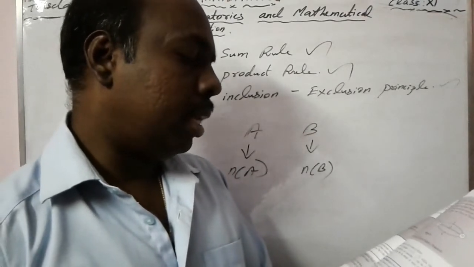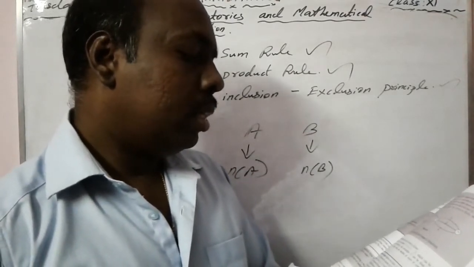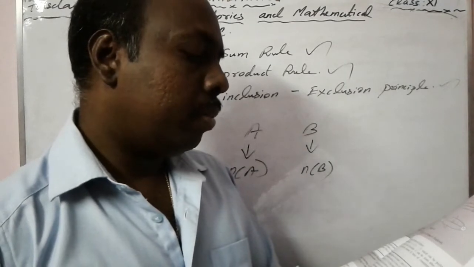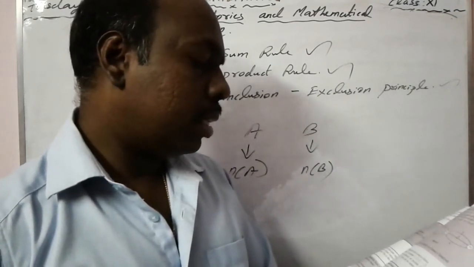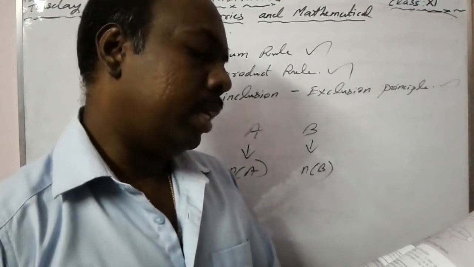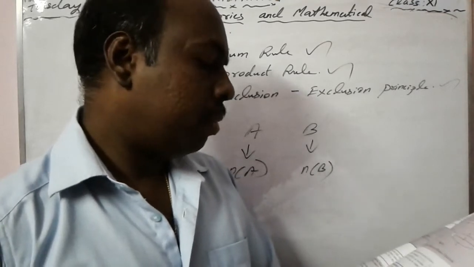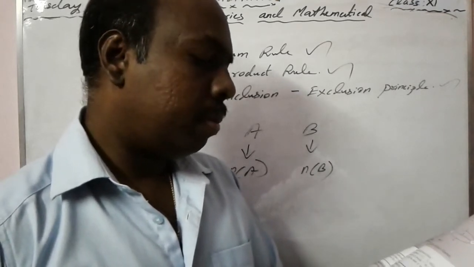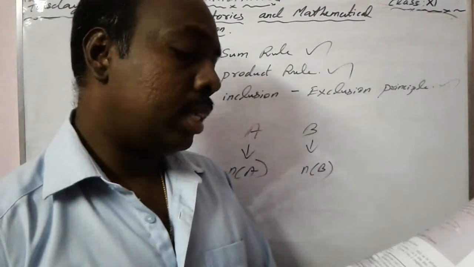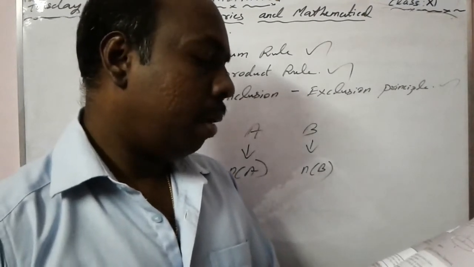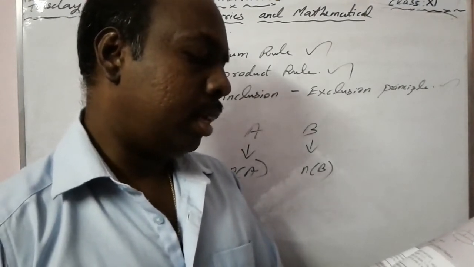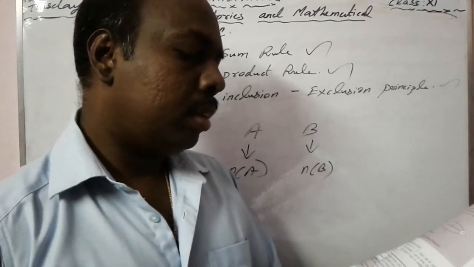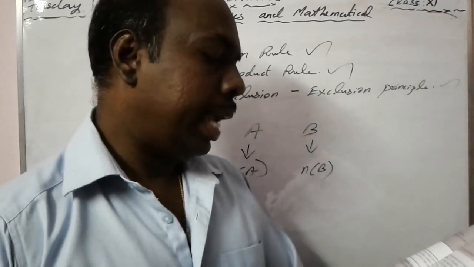Also let n of A intersection B be the number of ways of performing the two tasks simultaneously. We cannot use the sum rule to count the number of ways of performing one of the tasks, as that would lead to overcounting. To obtain the correct number of ways, we add the number of ways of performing each of the two tasks and then subtract the number of ways of doing both tasks simultaneously. This method is referred to as the principle of inclusion and exclusion.